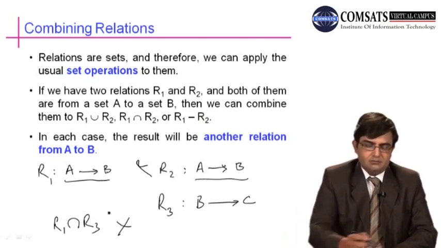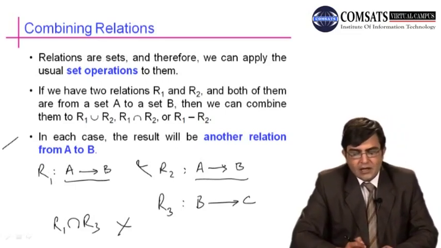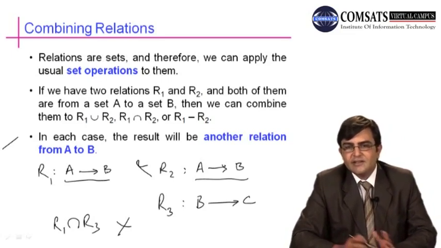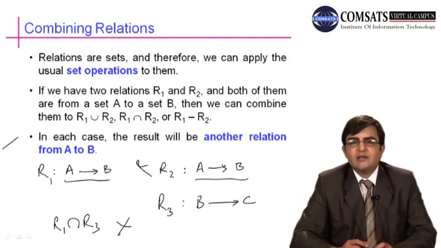The third thing is, if we take intersection of two relations, the resulting relation must be some other relation. R1 intersection R2 must be a subset of R1, and as well it must be a subset of R2, which are the classical or traditional properties of sets.